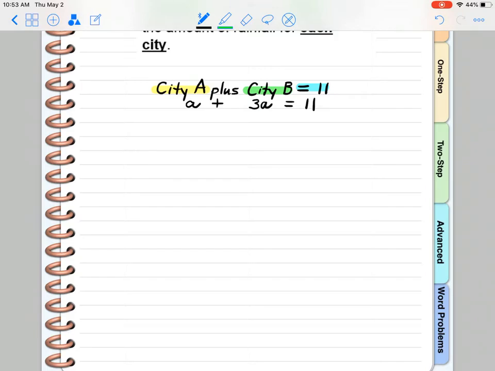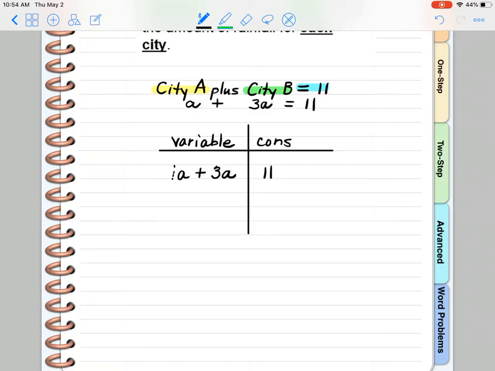So this short little equation, this one's going to take very little time to solve, has variables on the left, because we have 1A plus 3A, and together that makes the constant 11. So let's combine the a's. 1a plus 3a is 4a, and that's 11.